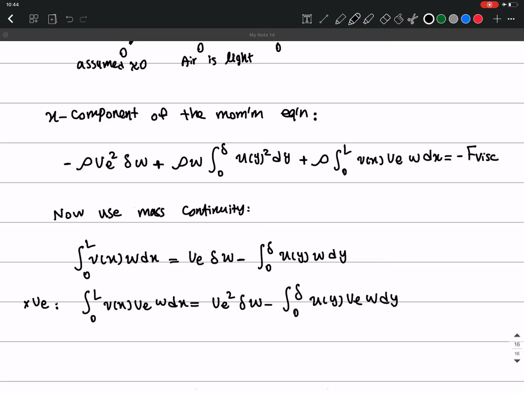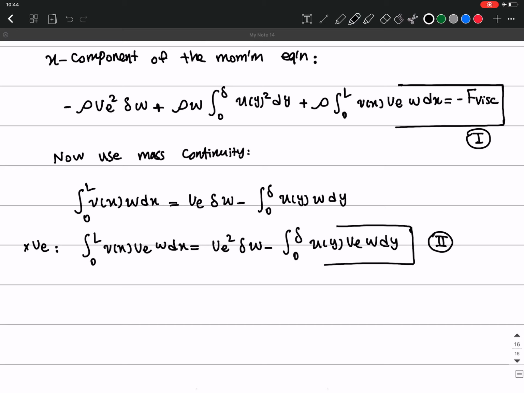Okay. So first, this equation is our equation 1, and this equation is equation 2.